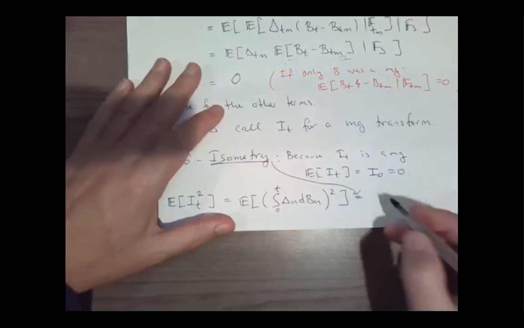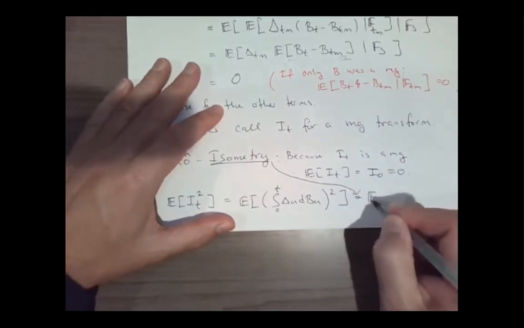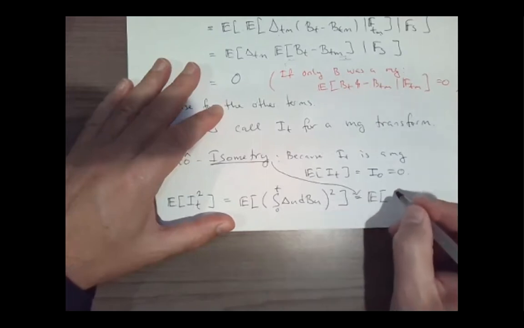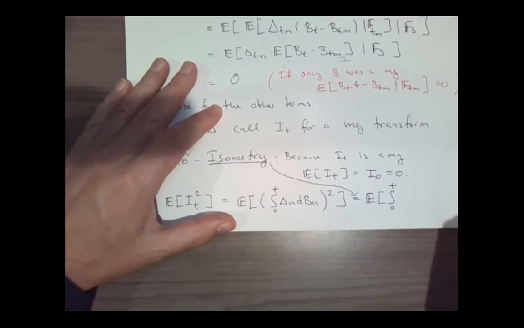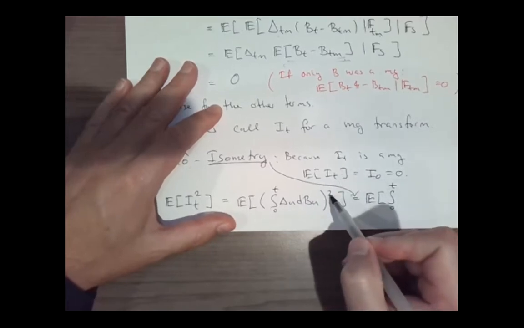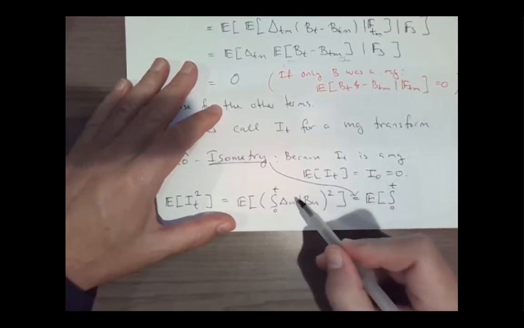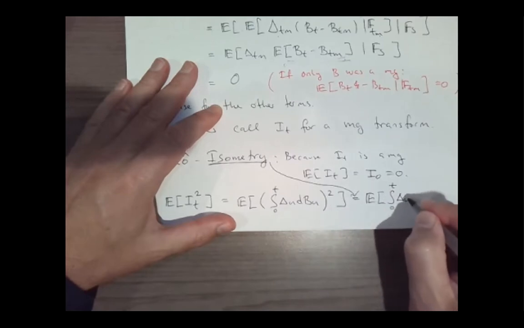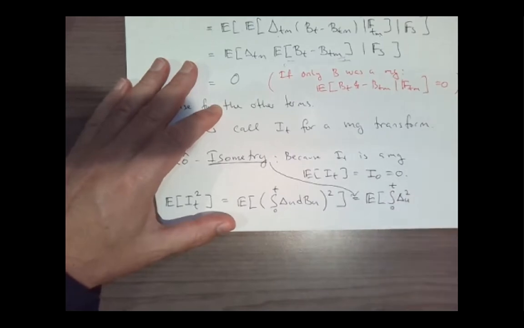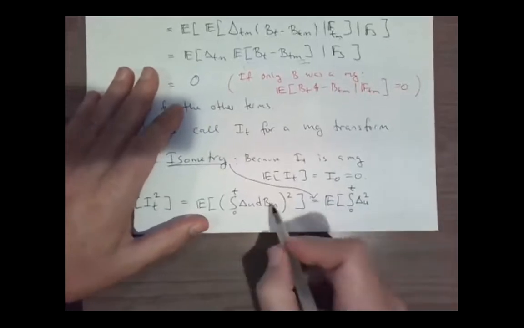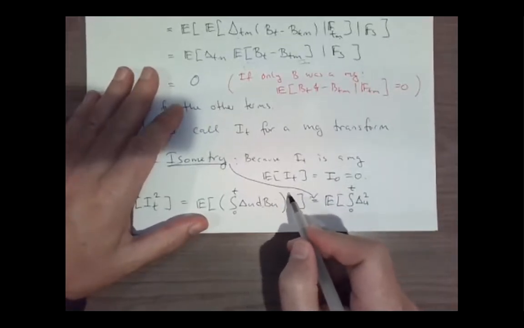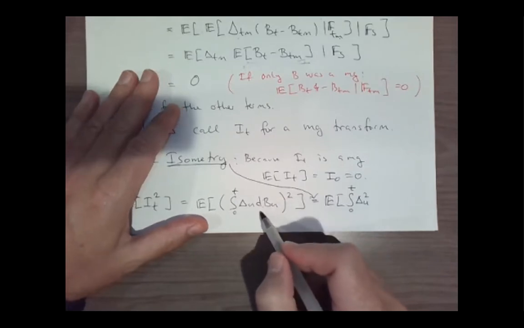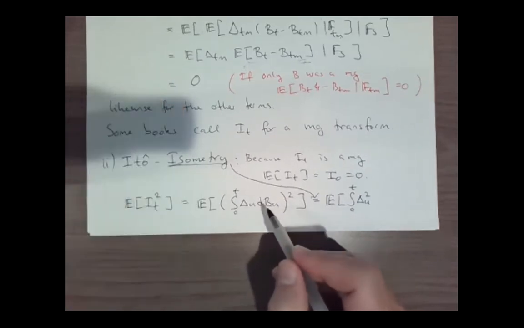It says you calculate this just as an integral from 0 to t. The square up here travels inside here. And the dB here, this square also somehow in some sense travels inside here, and we put in the quadratic variation of Brownian motion.